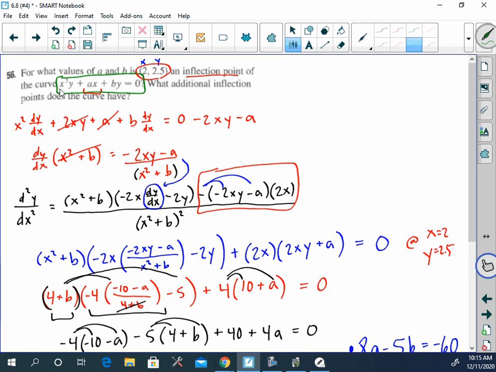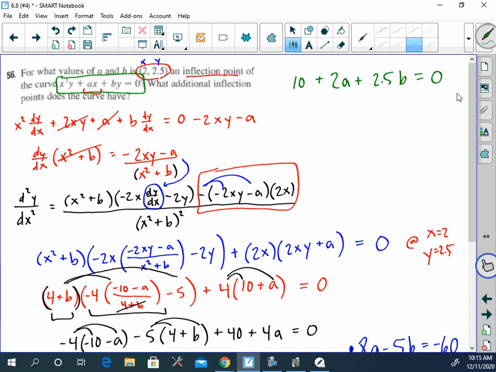So if we're plugging x in and x is 2, we get 4. Let me make sure I don't mess this up: 2 squared times y, so times 2.5, we get 10, plus a times x would be 2a, plus b times y, 2.5b, equals 0.